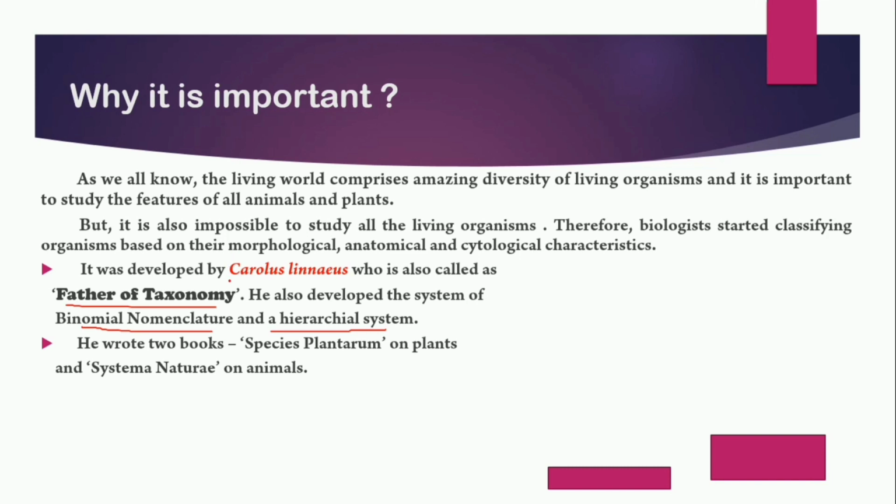So look, his first name starts with a capital C, and the starting letter of his surname is a small letter. Also, when we write his name, we have to write it in italics or underlined, because these are the basic rules of binomial nomenclature which you will learn later.